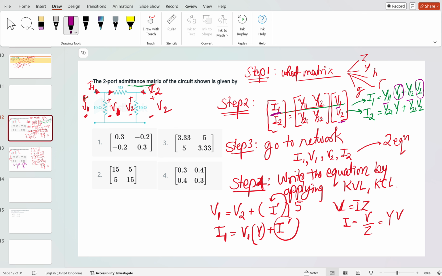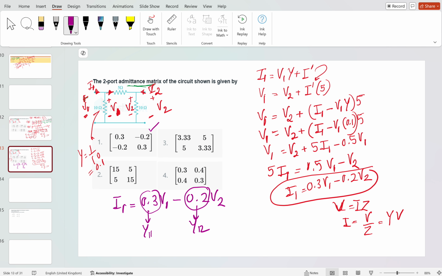Now the third step is to go to the network and try to write the equations in the standard form. You need two equations because you have two standard equations. After that, try to apply KVL and KCL and write the two equations. Here, I have also written one equation.